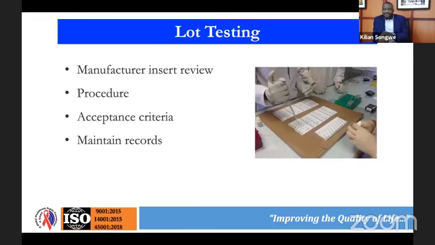And then there is this beast called lot testing. Sometimes different laboratories in different countries do this differently. Some labs say they want to do lot-to-lot testing, whereby they get an old batch, run internal quality controls on the old batch, get the new batch, run internal quality controls on the new batch, and then do what we call a comparability comparison.